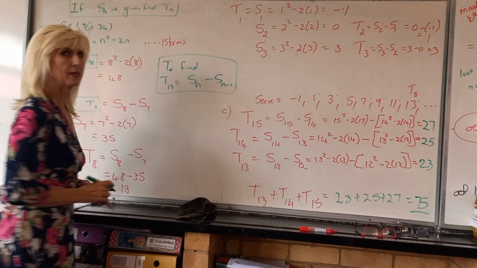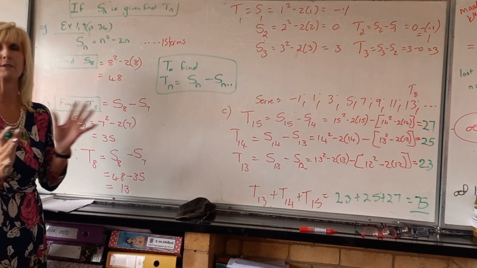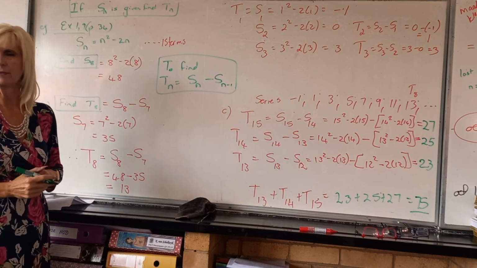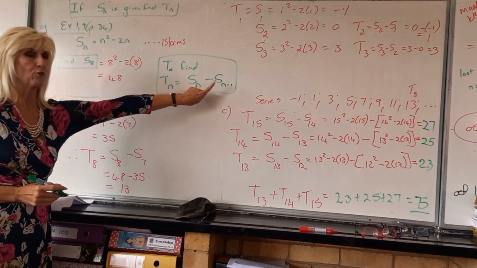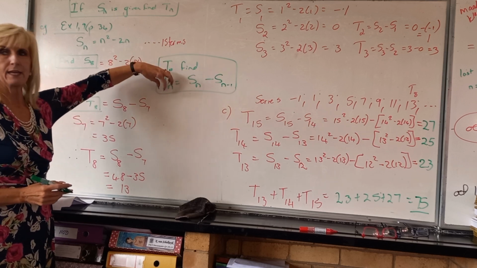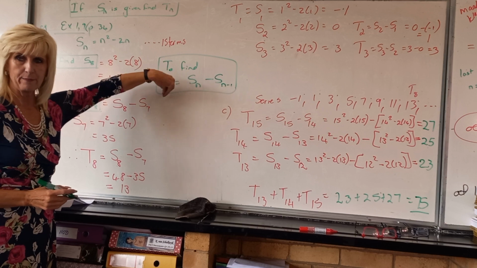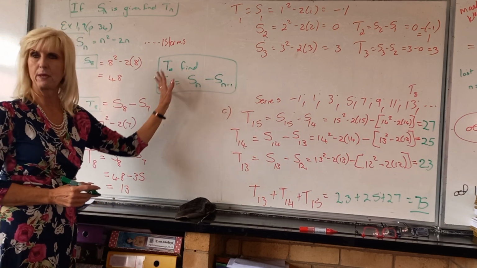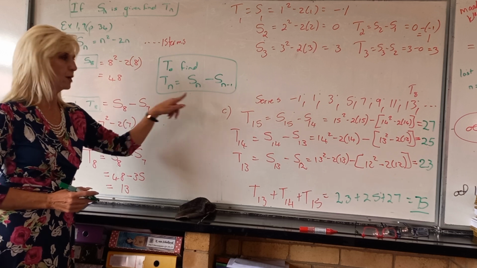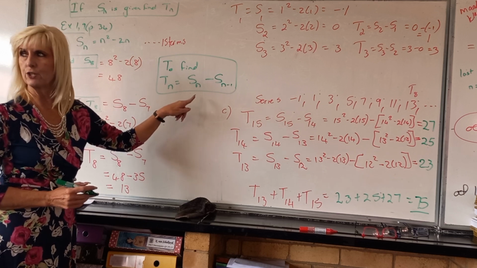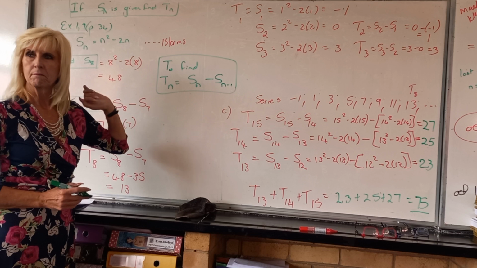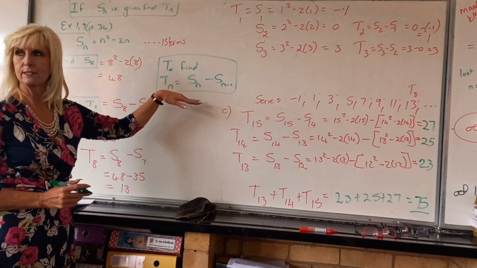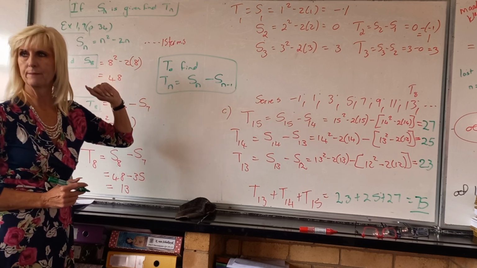But I didn't start with that because that just looks way difficult. But it's a principle. If I have the Sn formula and I want Tn, you take that Sn of that same amount minus the previous one. Does it make sense to you? Very mathematically written out. Nobody's going to ask that of you, but if you wanted to be very smart and write it like this, that's exactly what you do.